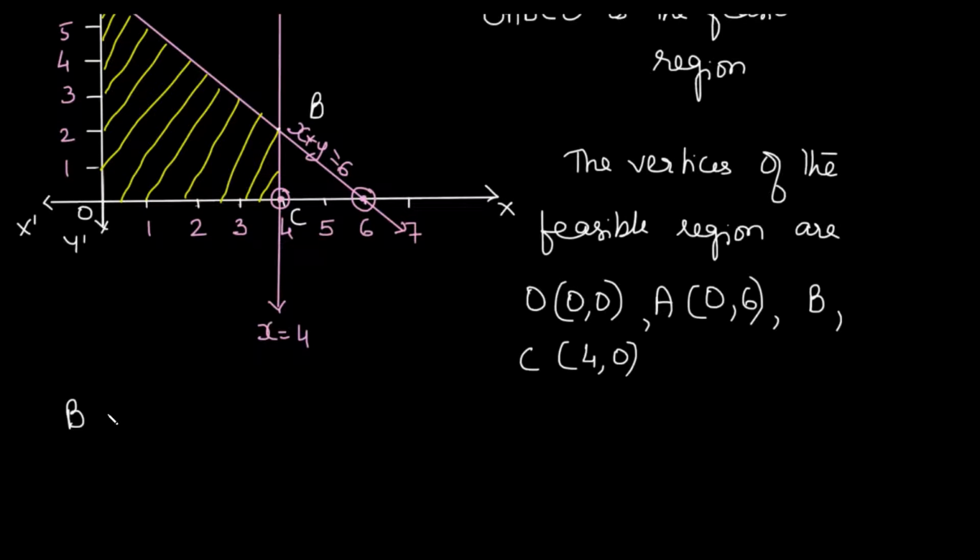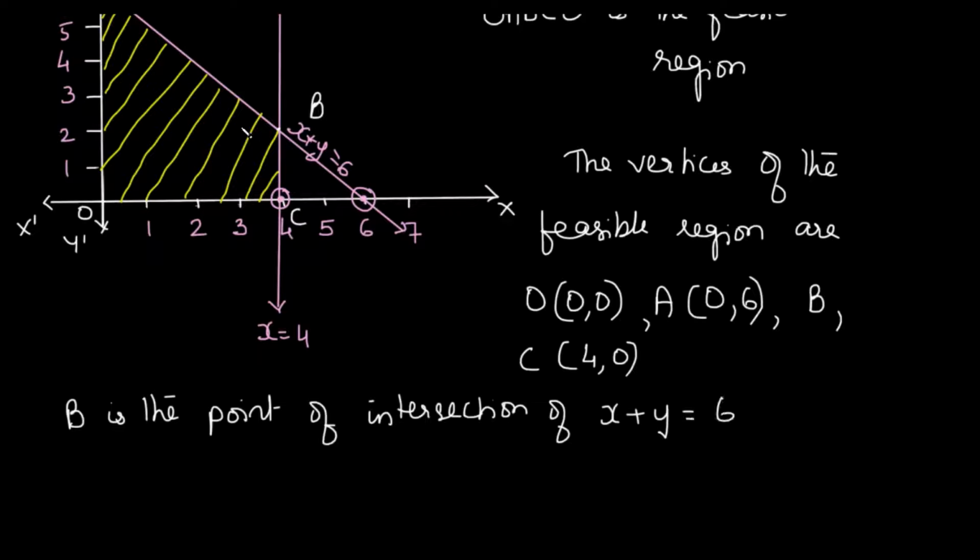B is the point of intersection of this particular line x plus y is equal to 6 and this line which has the equation x is equal to 4.